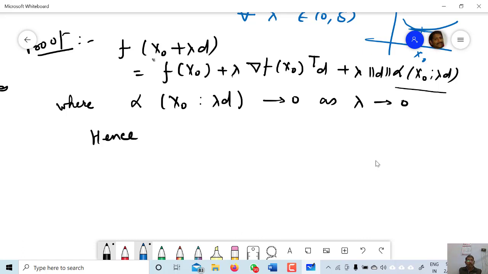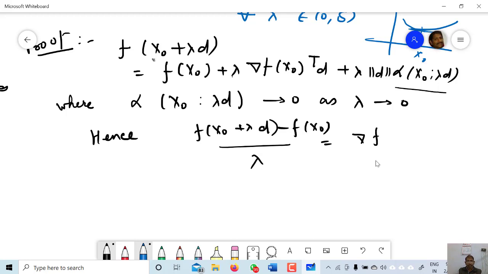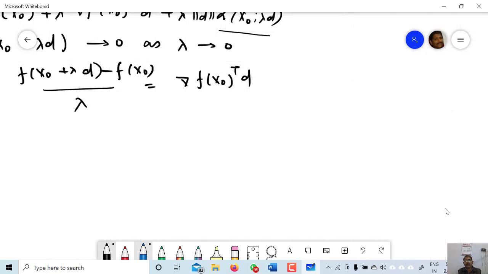Hence we can write the above thing as, f of x0 plus lambda d minus f of x0 upon lambda will be equal to gradient of f of x0 transpose d, by the definition of differentiable function.